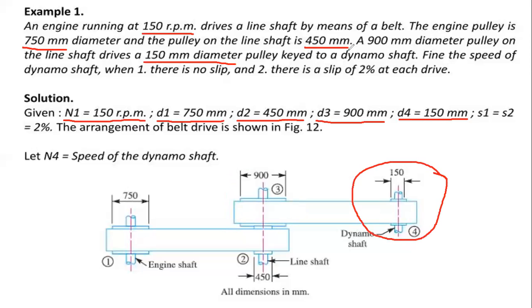This is a compound belt drive, and we take the slip as S1 equal to S2 equal to 2%. We also have to draw the diagram.